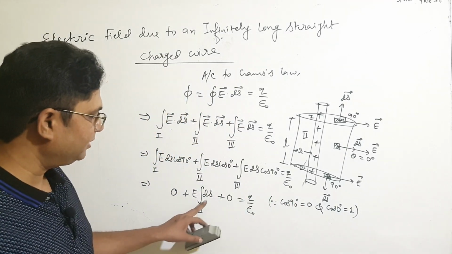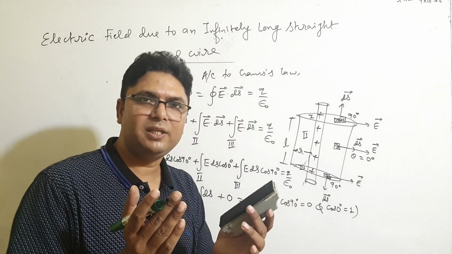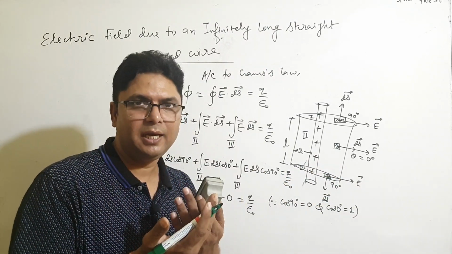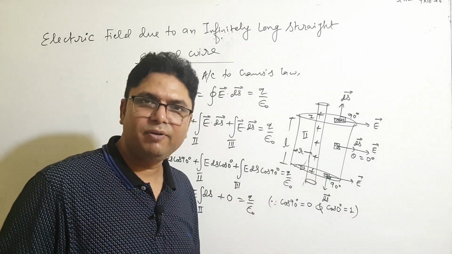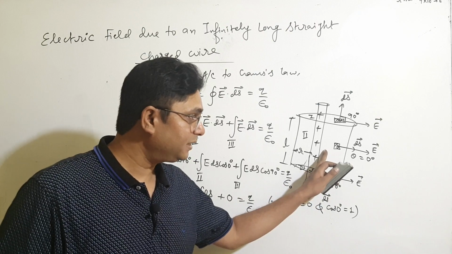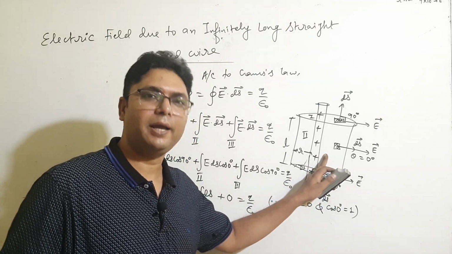Now this is the second surface. In second surface, ds is a small part. When you integrate it, you get the surface area for the whole second surface. So the surface area of second surface, that is curved surface area of cylinder, is 2 pi RL.